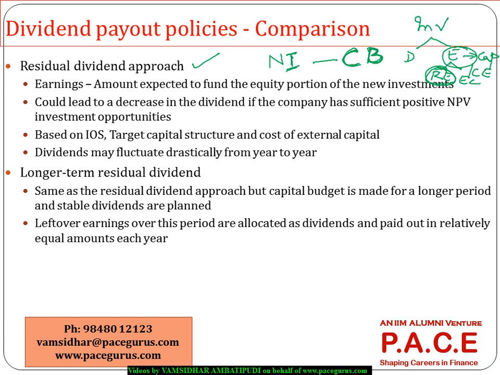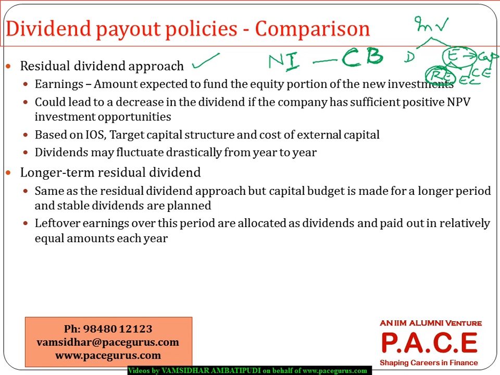So in this case also, there is a possibility of very high volatility in the dividend. The reason again being, if in a year the investment opportunities are more, the company can think of retaining more and giving less in the form of a dividend.